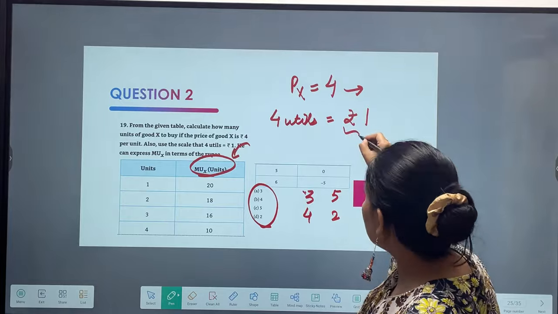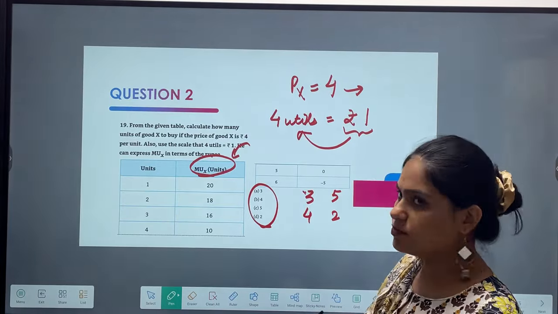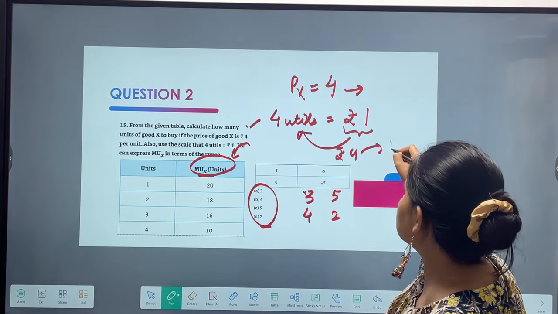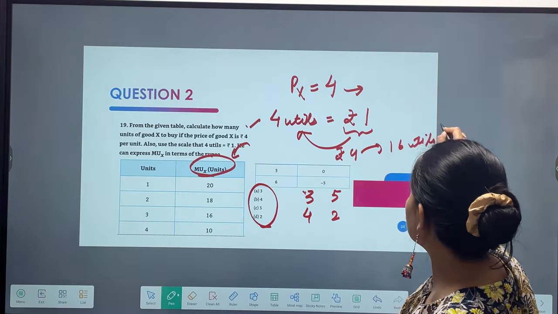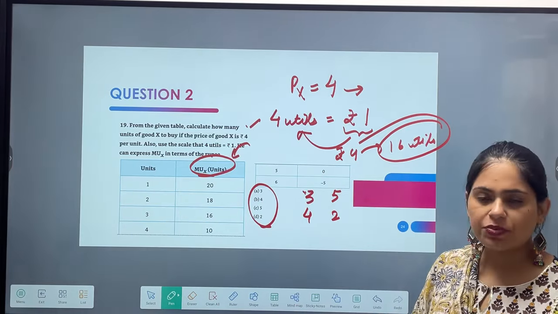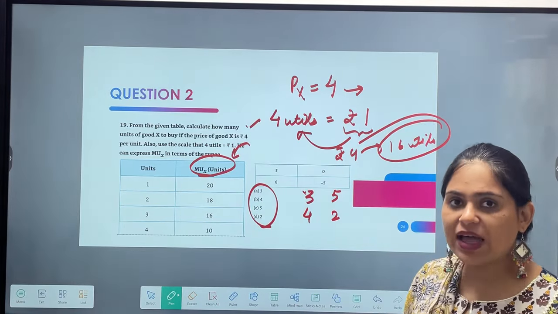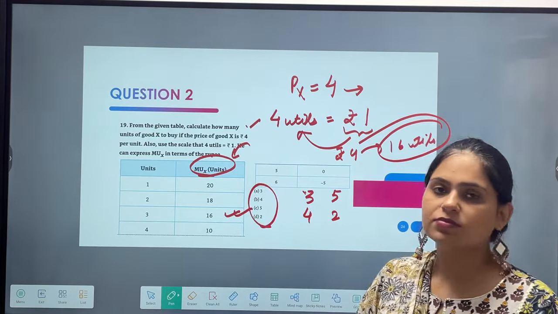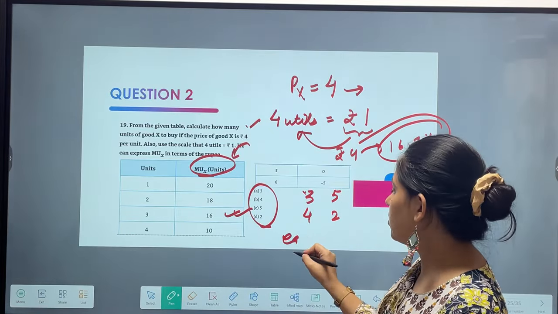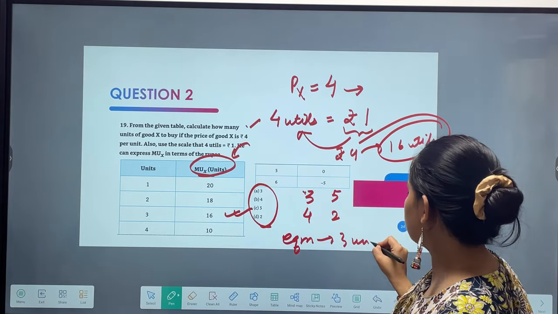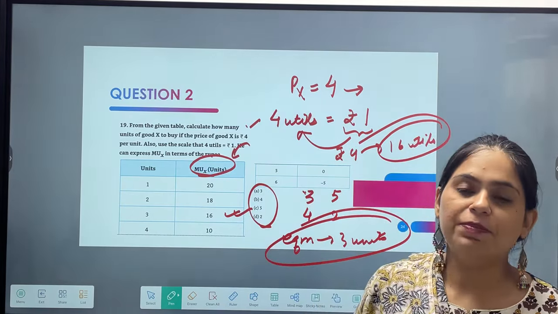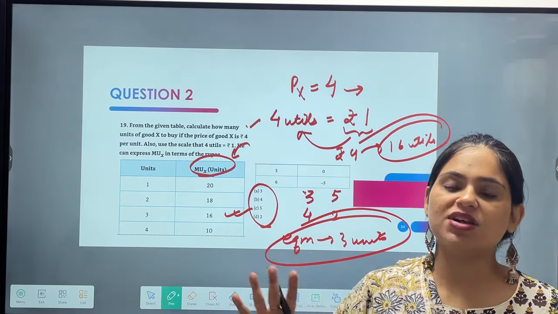So how much will 4 rupees give me? 4 rupees will give me 16 utils. Right? Now where exactly am I getting marginal utility exactly equal to 16? Ma'am, here. So what will be my equilibrium quantity? 3 units. So you see, this is such an easy question, but it's just asked in a tricky way and you should be able to solve this.